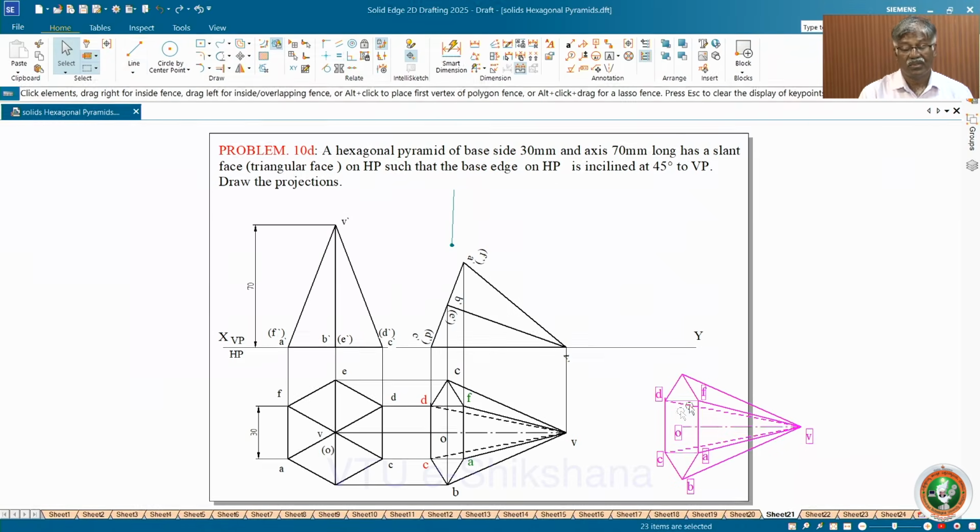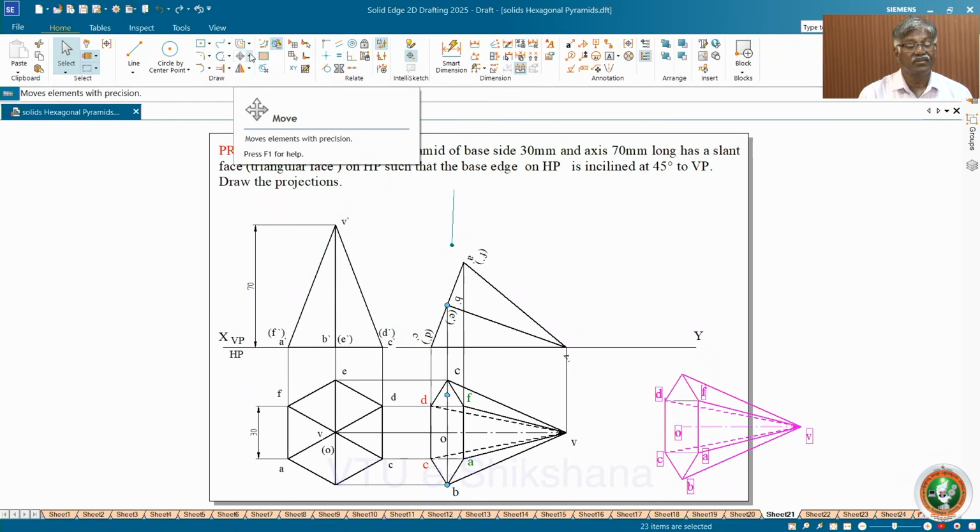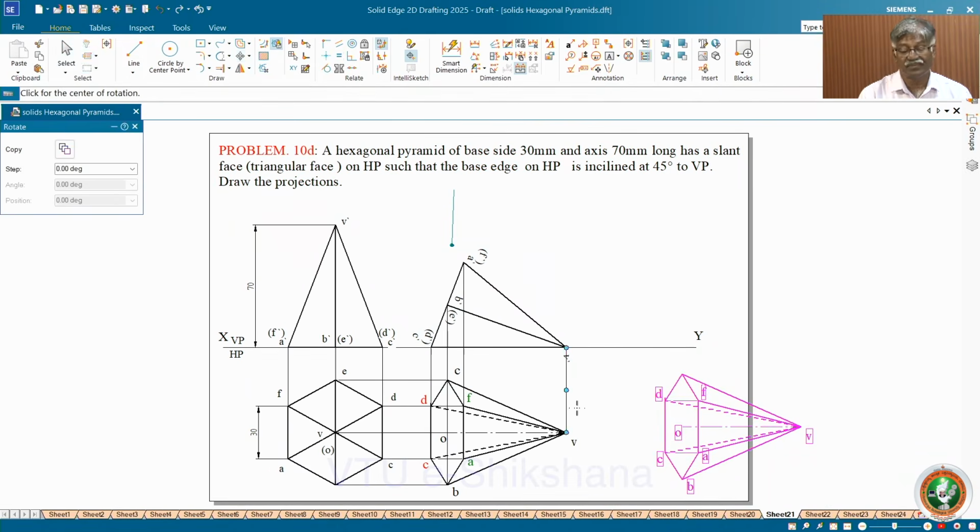Now, see that this CD is inclined at 45 degrees. This is the base edge. Say out of 6 base edges, CD is one of the base edges. This is part of this triangle which is on HP. He wants that edge inclined at 45 degrees to VP. So, rotate command: rotate CD 45 degrees about center C. So, see that this is blank.